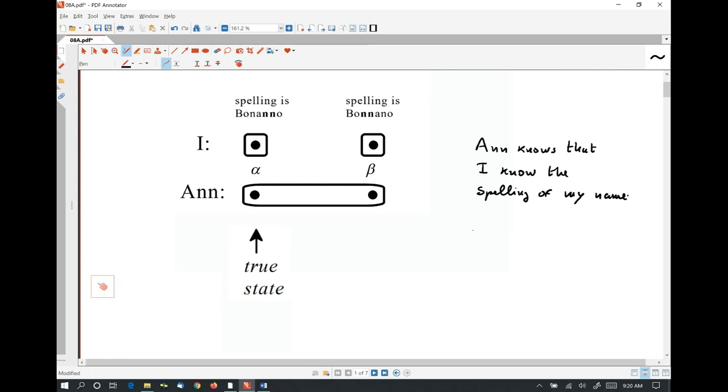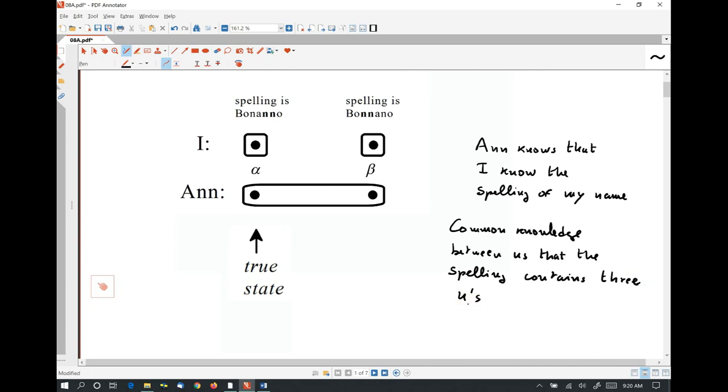Also, it's common knowledge between us that the spelling of my name contains three N's. It's just a matter of where to place them.